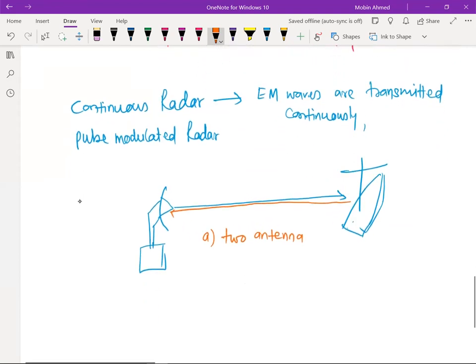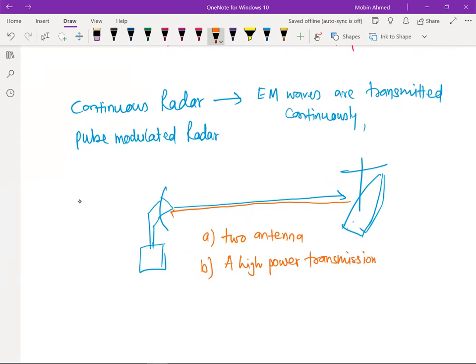Then, with continuous transmission, high power transmission is required.